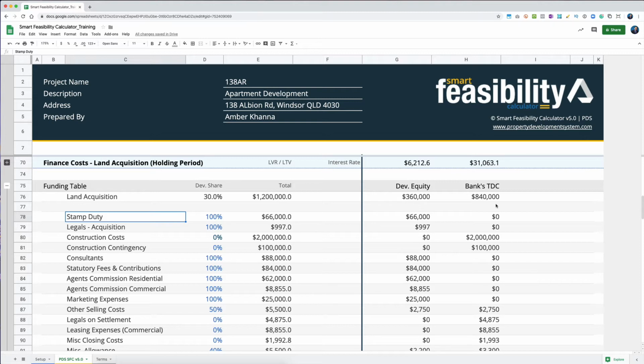Because you might think, I paid X amount to the agent to list everything, to rent the property. Let's say you rented the property out while you were going through the development. Those costs to rent it out, the bank may not consider as part of the cost for the project. They might only consider your construction cost, the cost of the project.